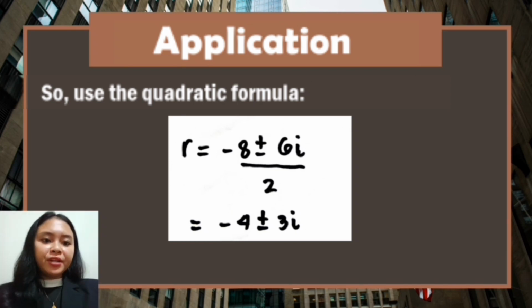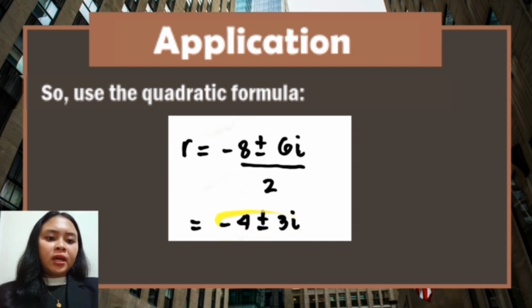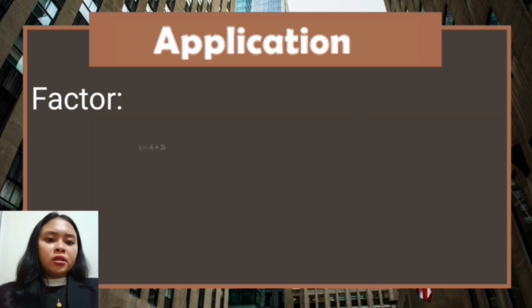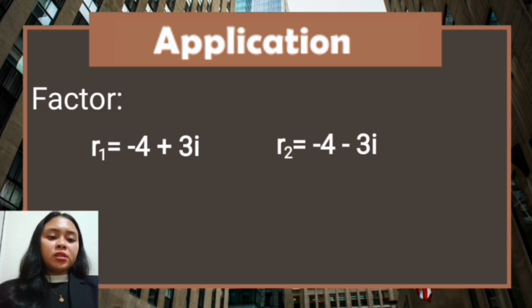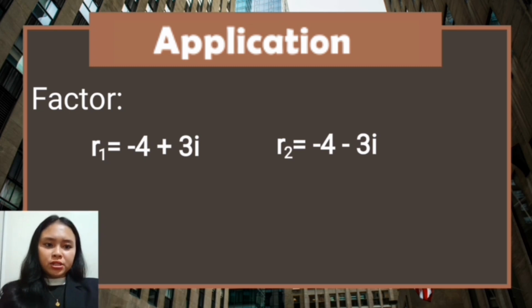So to simplify this one, we have negative 4 plus or minus 3i. From this we have two equations. First, r sub 1 is equal to negative 4 plus 3i, and the second one, r sub 2 is equal to negative 4 minus 3i.